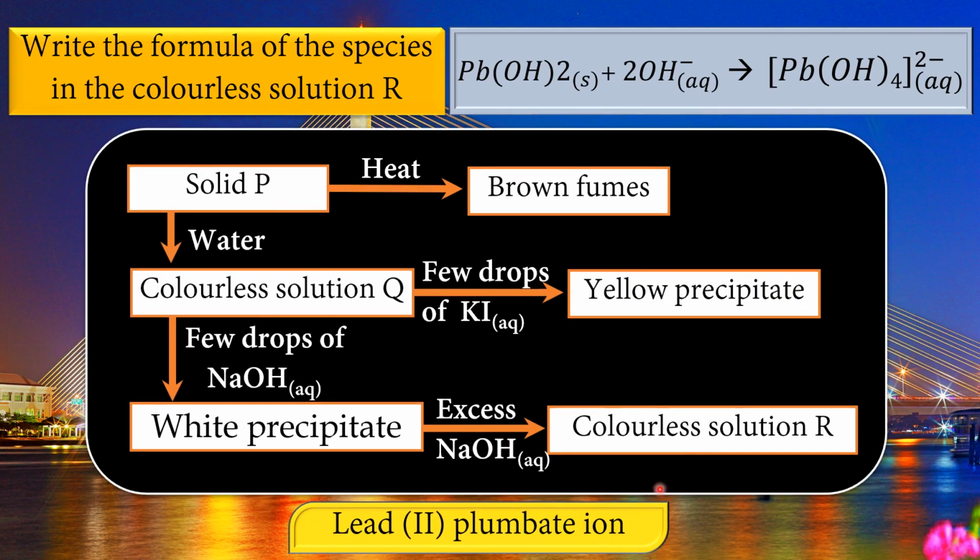So this colorless solution is referred to as plumbate(II) ions, and it is the species in the colorless solution.